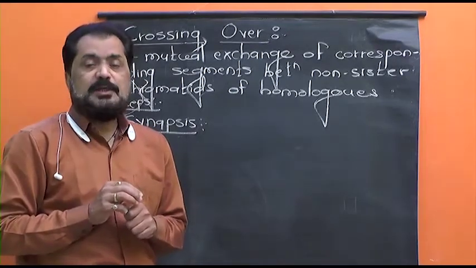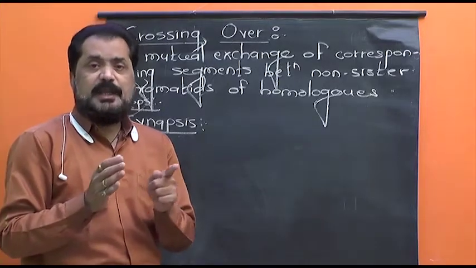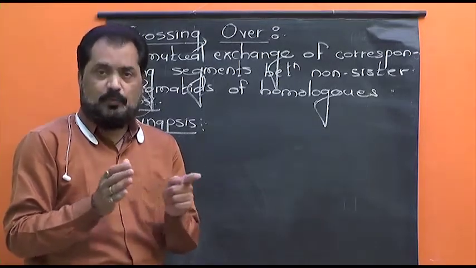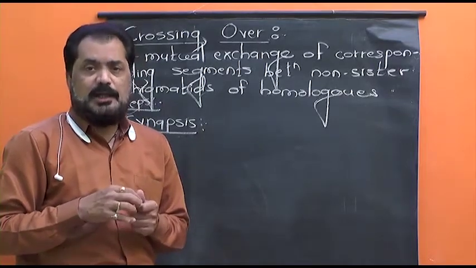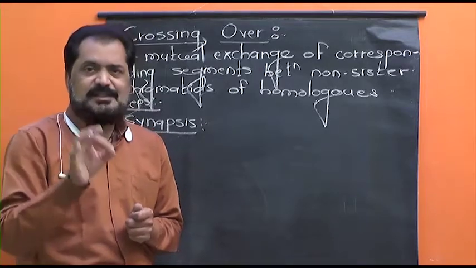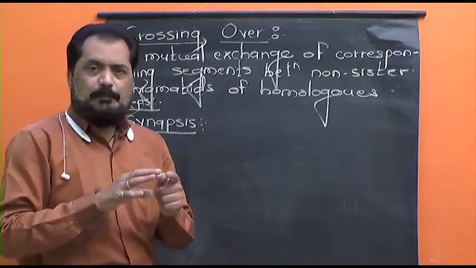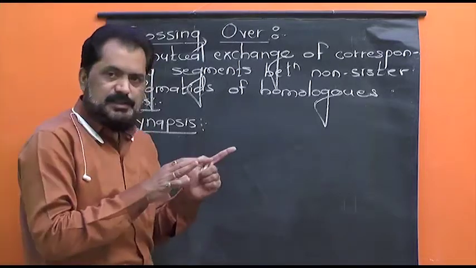Due to the synaptic forces, the homologous chromosomes, structurally and genetically identical chromosomes, are attracted towards each other and they lie close to each other along their length. This simple process of pairing of homologous chromosomes is known as synapsis.